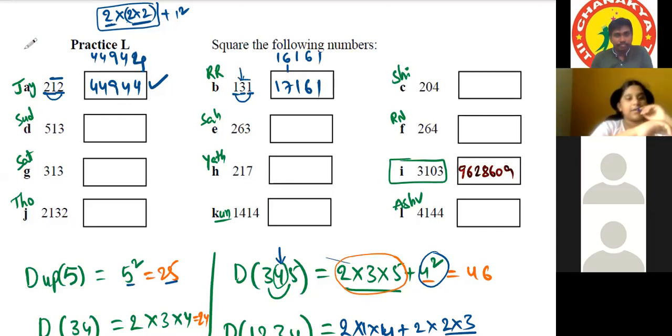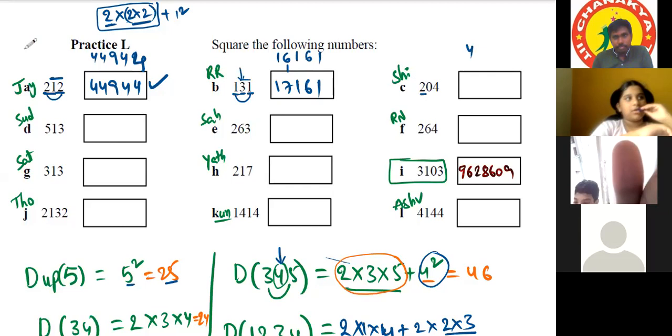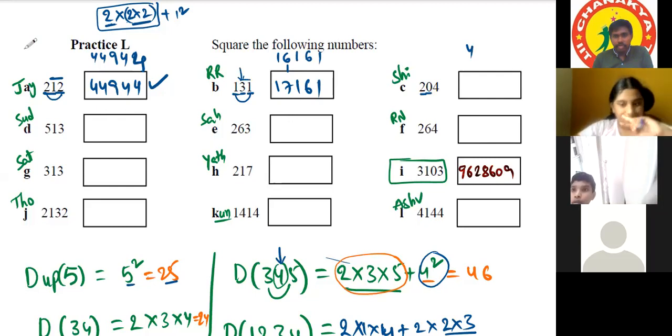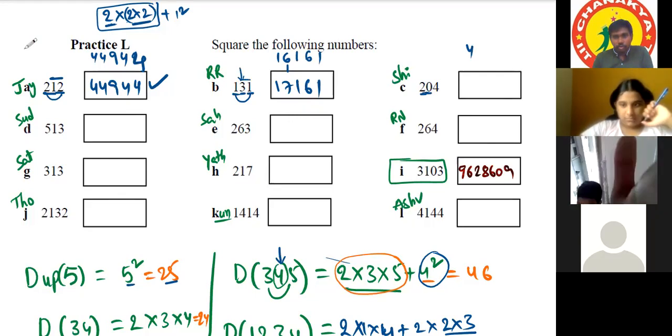Yes, sir. Here first we do 2 square, which is 4. Duplex of 20, not square.